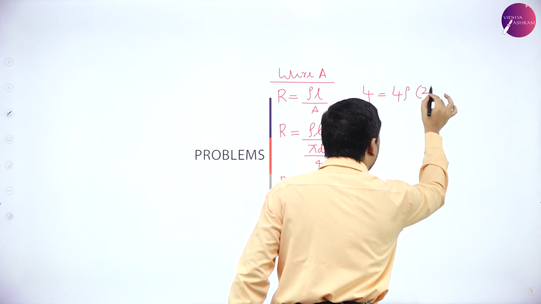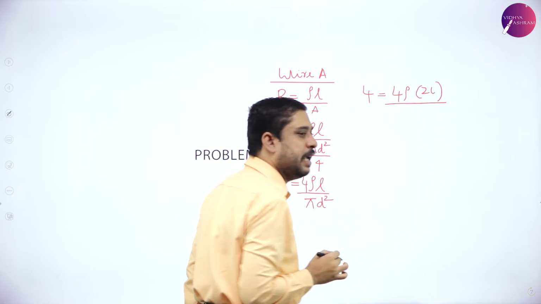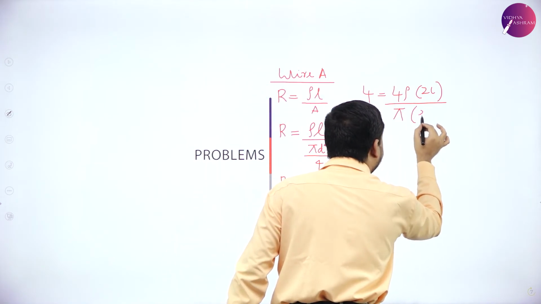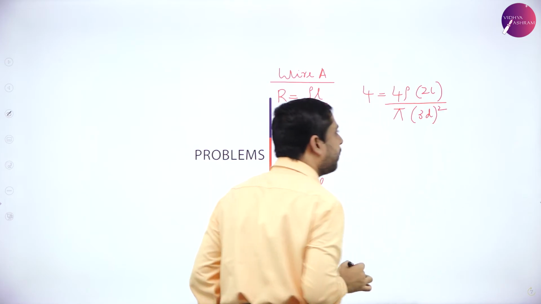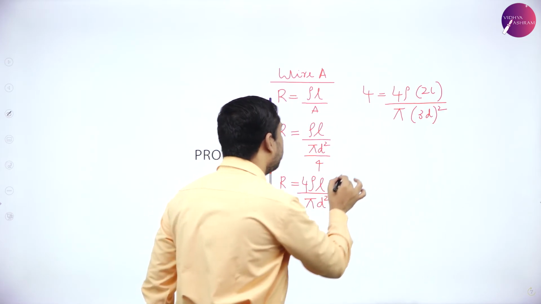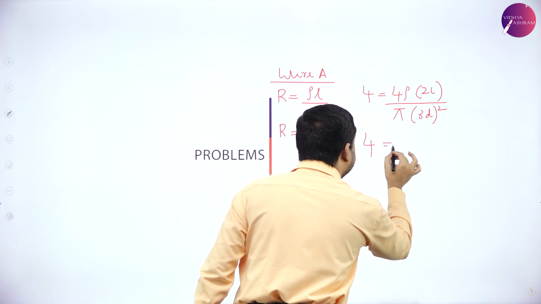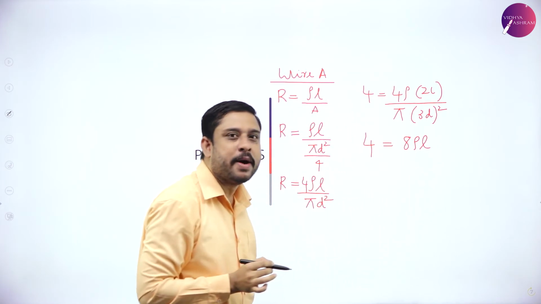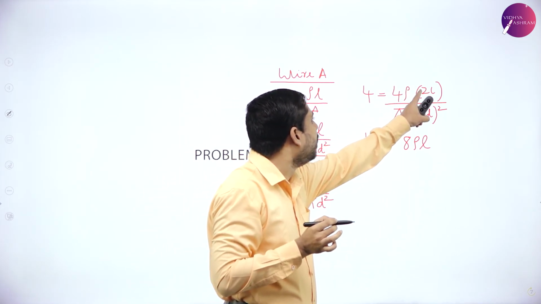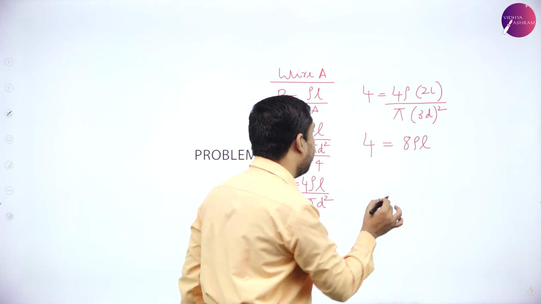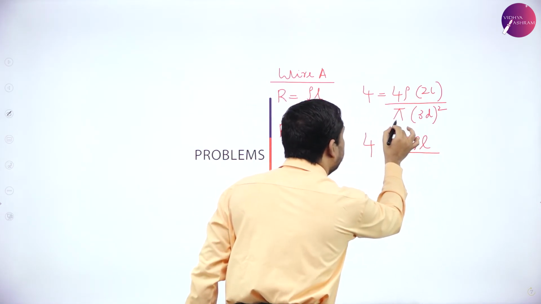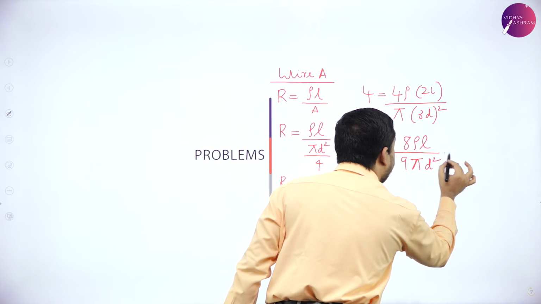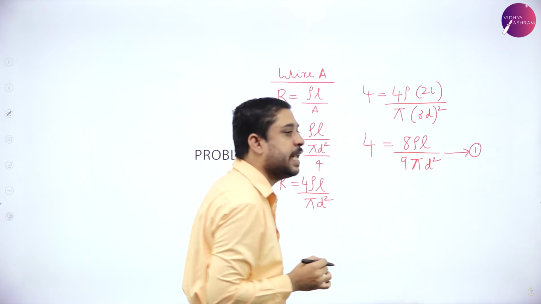Length is 2 times L divided by pi, 3d whole square, or 4 equals 4 into 2, 8 rho L. Simplifying the numerator, 4 into 2, 8 rho L divided by 3 square is 9 pi d square. Call this equation 1.